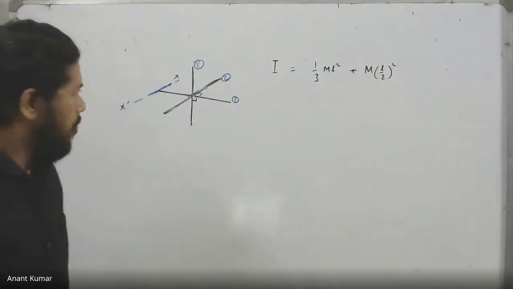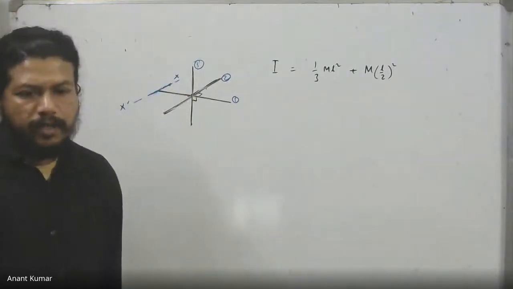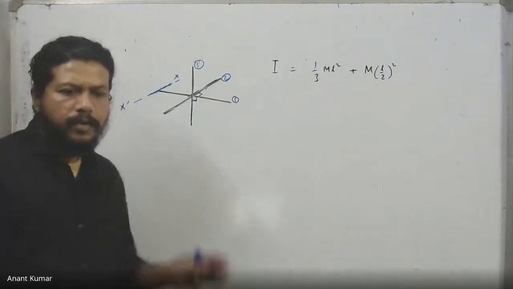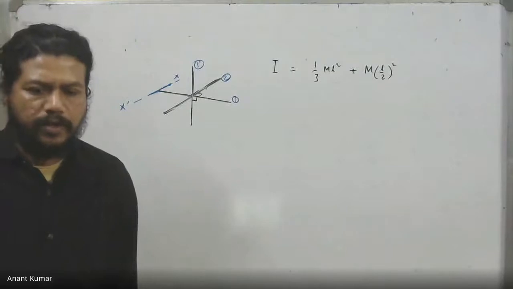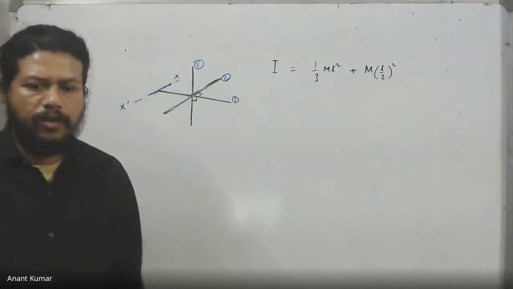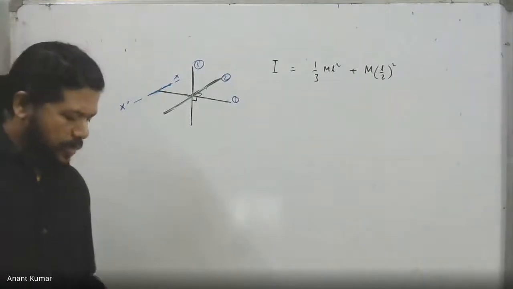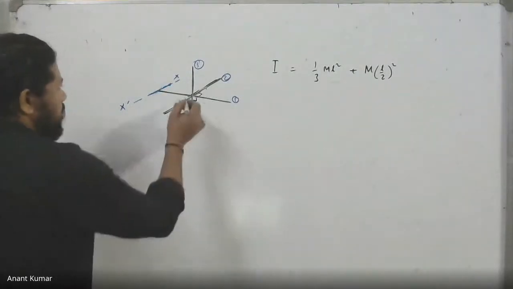For the third rod, I notice that this is a bit different compared to the other two. You notice that the axis is located a bit farther away, isn't it? So I'm going to apply the parallel axis theorem for this third rod. First, I take an axis passing through the center of the rod, which is right over there.